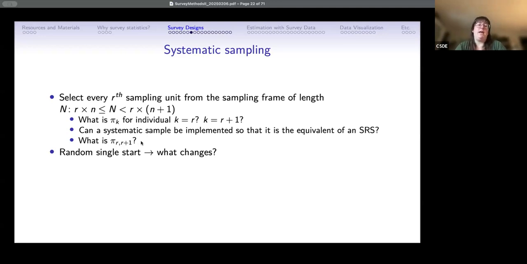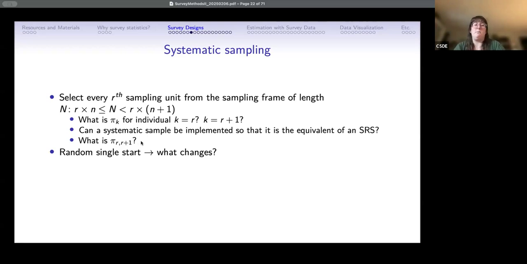There's also a way to do systematic sampling by just going through every fixed unit on the list and not randomizing, but going through the list multiple times and randomizing where you start. So that's one way around the systematic sampling issue.